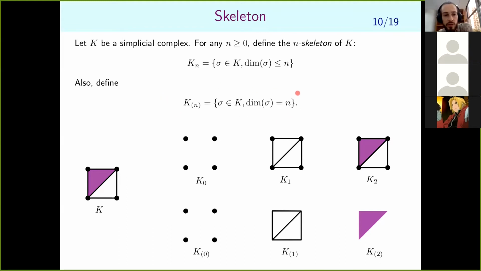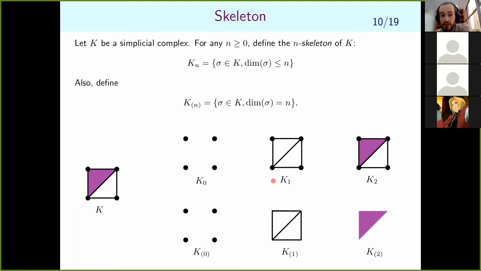This thing does not have any name, but it will be useful later. For instance, the 0 skeleton, K0, is the set of simplices of dimension at most 0. This is the set of vertices. And the set K(0) also is the set of vertices.